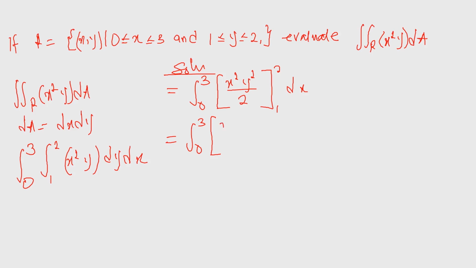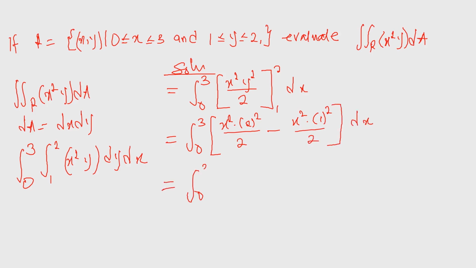So it's going to be x squared multiplied by 2 squared over 2, that is for the upper boundary, minus x squared into 1 squared over 2, that is for the lower boundary, dx.